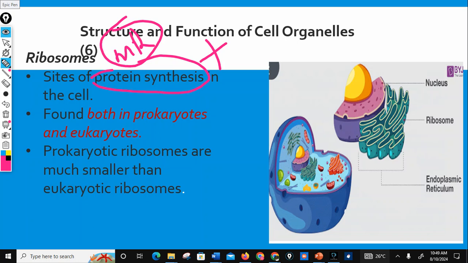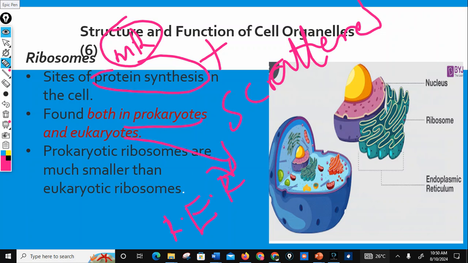It is found in both prokaryotes and eukaryotes, right? In prokaryotes, you're going to see it scattered around the cell, but in eukaryotes, it is also scattered around the cell, but it is organized on the endoplasmic reticulum, which is called the rough ER.